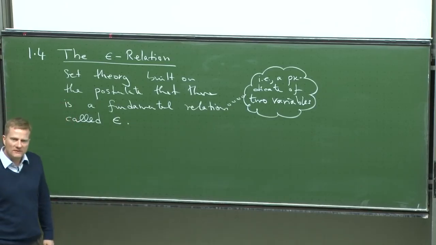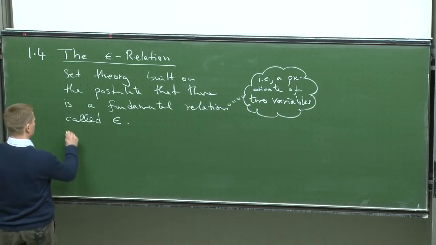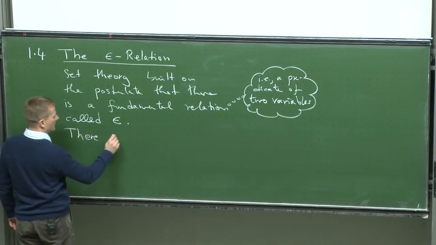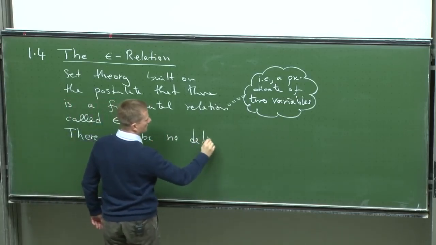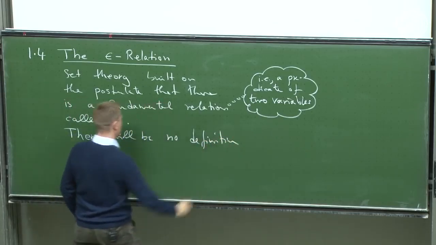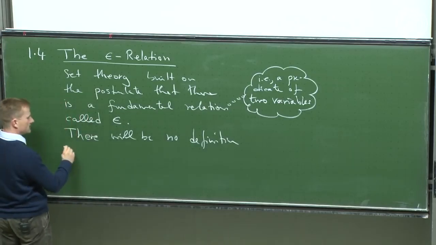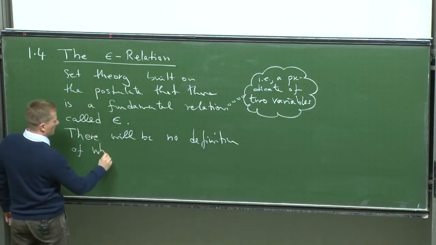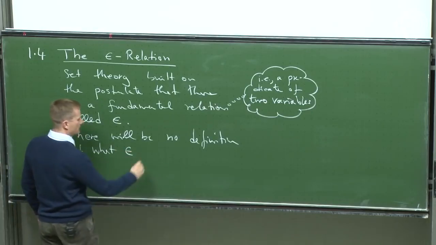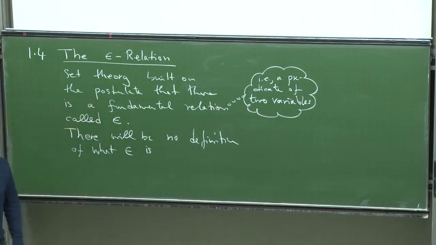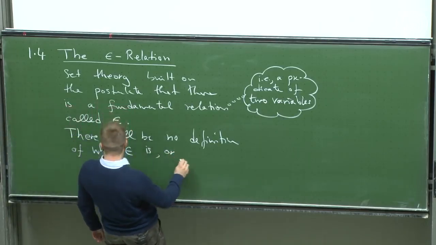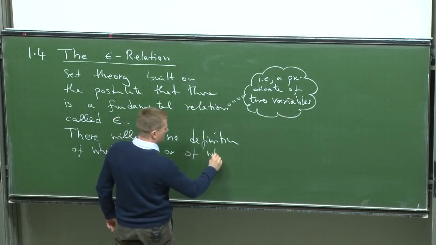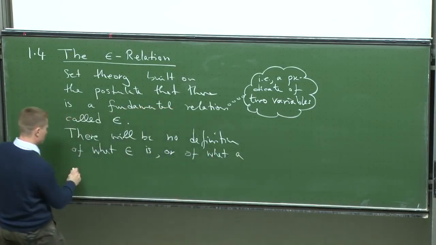There will be no definition of what epsilon is, and that's important. There will be no definition in the stricter sense of what epsilon is, apart from it being some predicate of two variables, or for that matter, of what a set is.